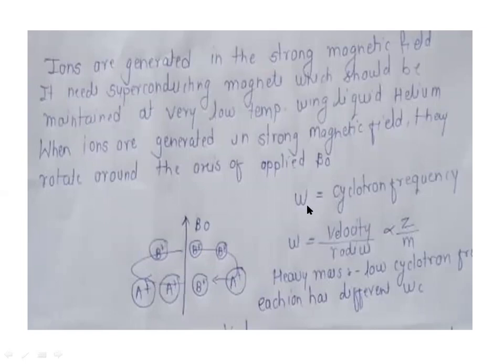So ω is the cyclotron frequency, equal to velocity upon radius, which is also dependent upon mass to charge ratio. It is inversely proportional to mass. So if there is higher mass, the cyclotron frequency is going to be lower. So if A is a heavier mass, it's going to move at a slower speed in comparison to B. This is the first step in a cyclotron.